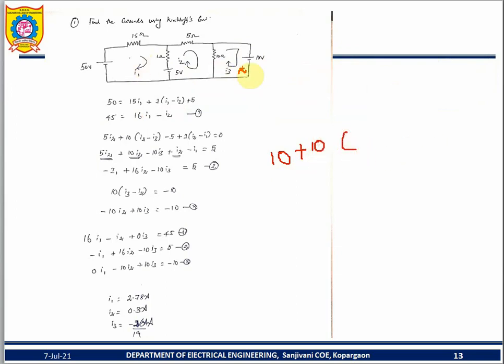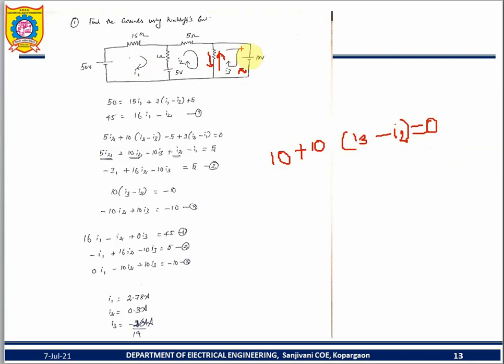So I'm standing inside. My I3 I will do first. I3 is in this direction, I2 is in the opposite direction, so minus I2, equal to 0.